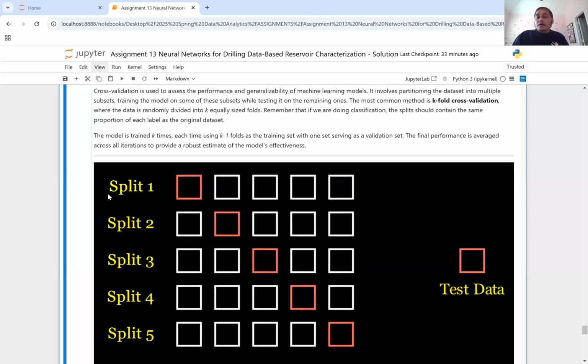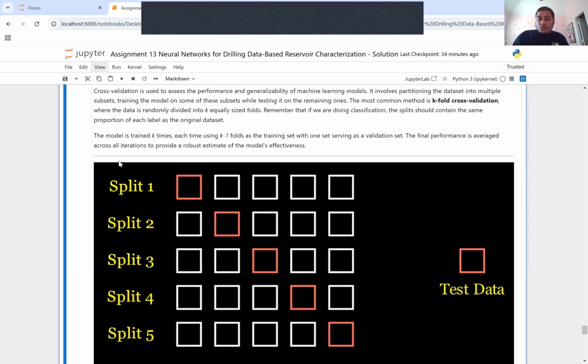And then I choose split 1. In split 1, I choose one of the folds to be my test data set, and I train a model against the remaining 4. With split 2, I choose another fold as my test data set and train the model on the other 4. And I repeat this process successively. And you can see that in each split, the choice of test data set is different. The choice of training data set is different.